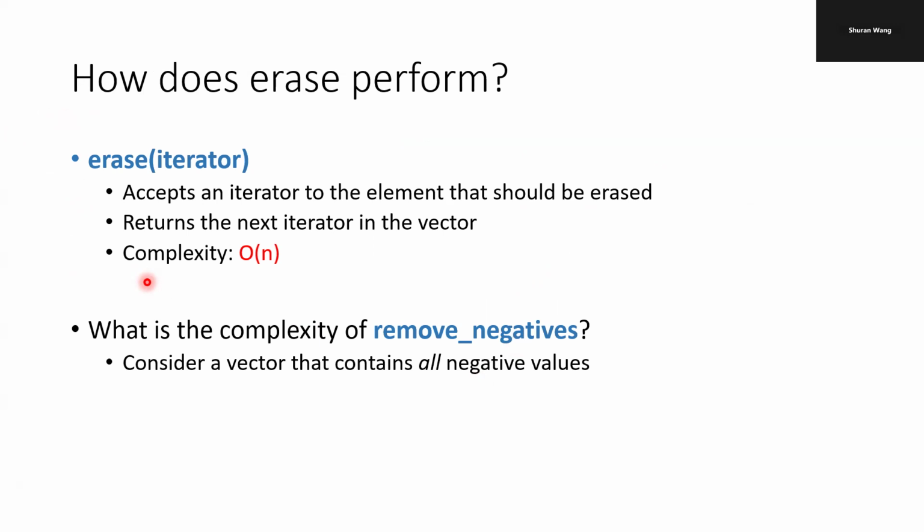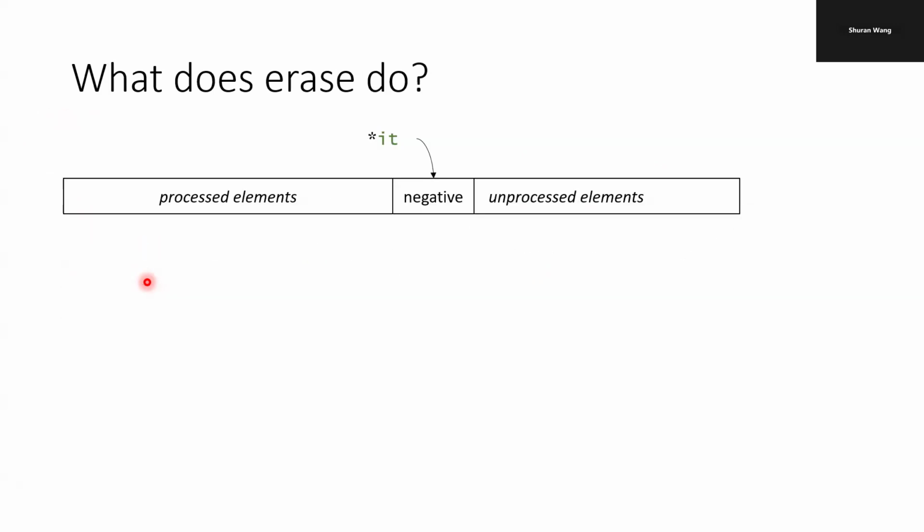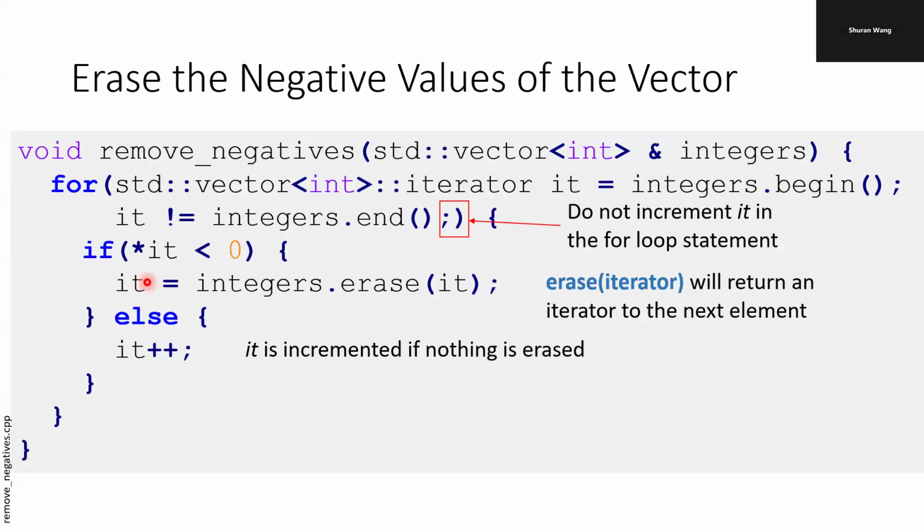Now let's think about what the complexity of the remove negatives function is. We're doing a for loop that loops through the entire vector. And inside it, if it's a negative value, we call erase, and erase is O(n). What is the total complexity?